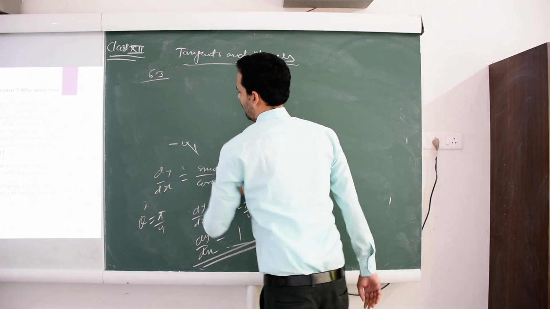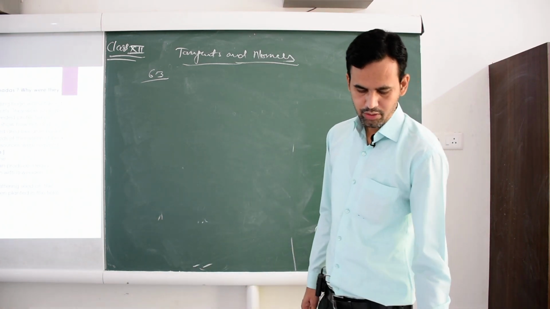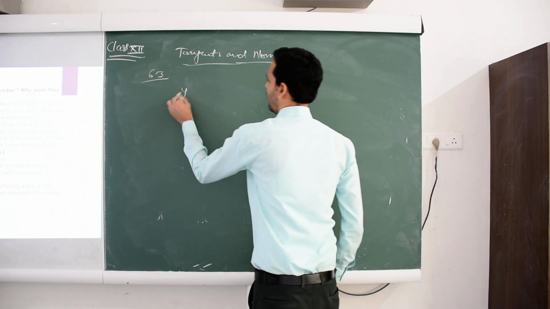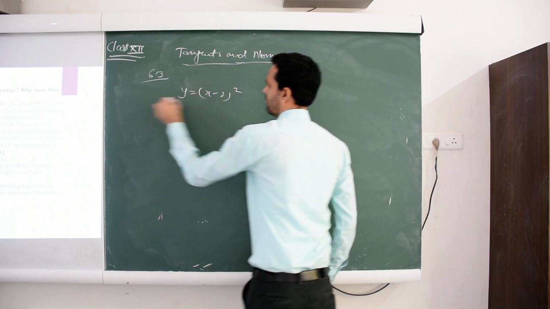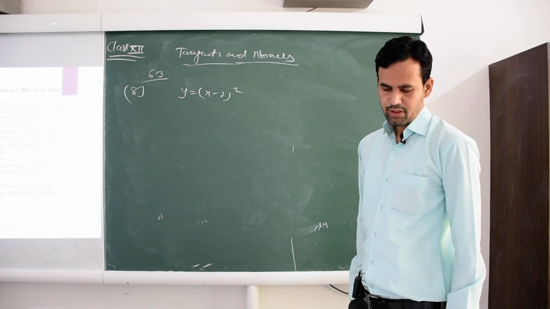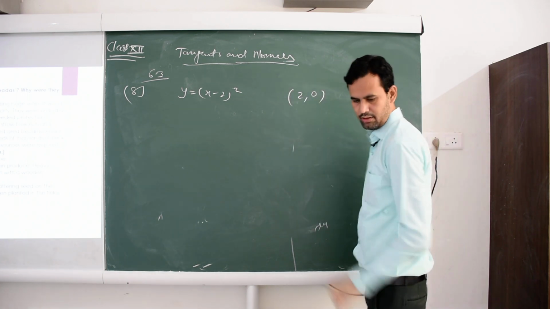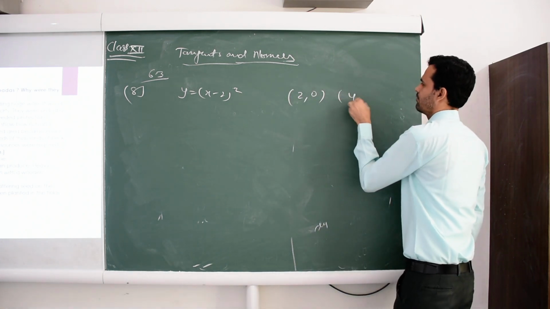Question number 8 of this exercise. Find the point on the curve y equals x minus 2 whole square at which the tangent is parallel to the chord joining the points 2, 0 and 4, 4.